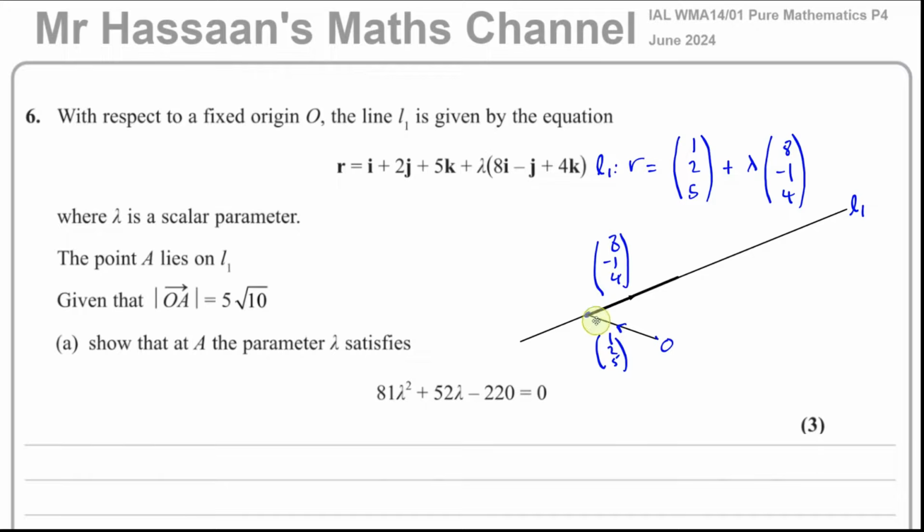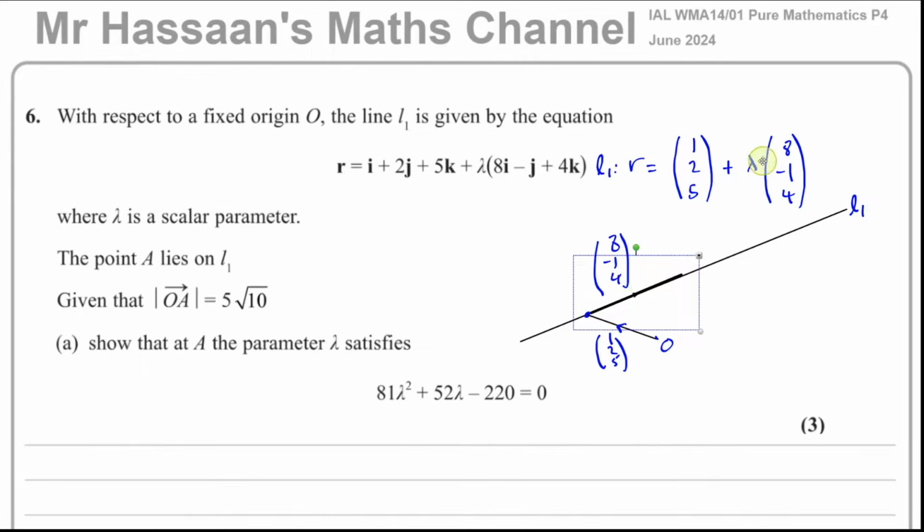Let me do something here to make it a bit clearer. This vector (8, minus 1, 4), let's say it's in this direction. When lambda equals 0, you'll go from O to this point here, (1, 2, 5), the position vector of that point.